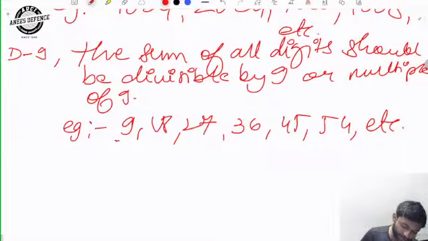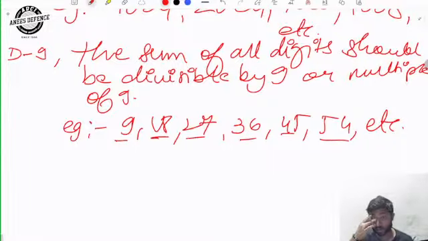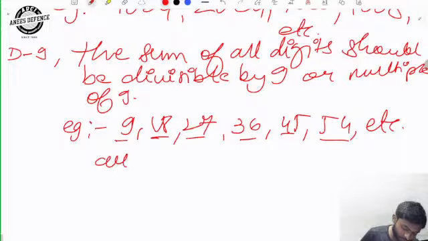All of their digit sums are 9 for now at least. Always remember, all the numbers that are divisible by 9. Okay, we will use a Venn diagram.